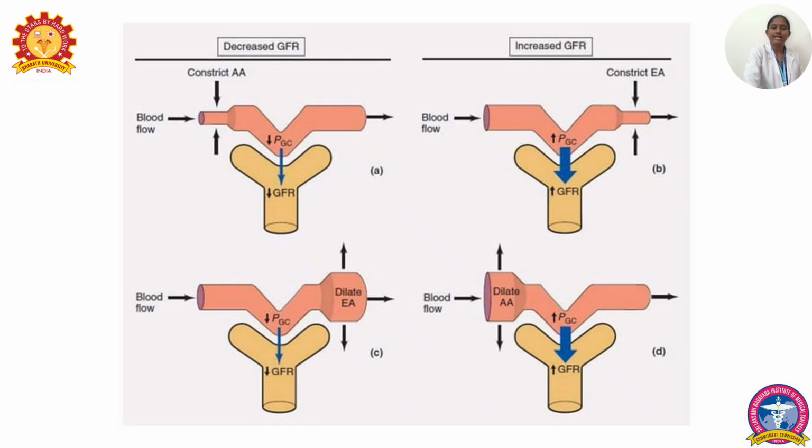Because there's dilatation of afferent arterioles, the blood flowing through is increased, thereby increasing the blood delivery to the glomerular capillaries. It says increased rate of filtration through the barrier, thereby increasing the GFR. So these two schematic diagrams explain how the blood flow to the afferent arterioles and the efferent arteriole influences GFR.